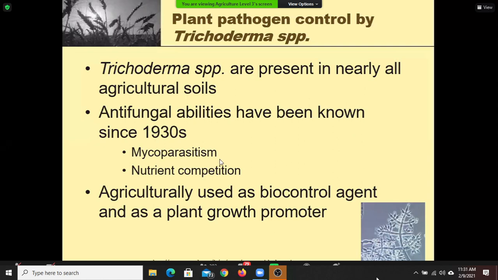And these are the ways by which trichoderma species control plant disease. Number one, mycoparasitism, I already discussed, and nutrient competition. They compete for nutrients with the pathogen, and they take nutrition from the pathogen.